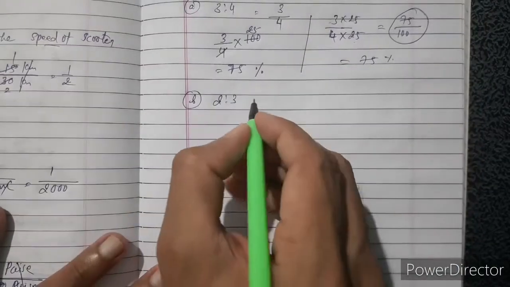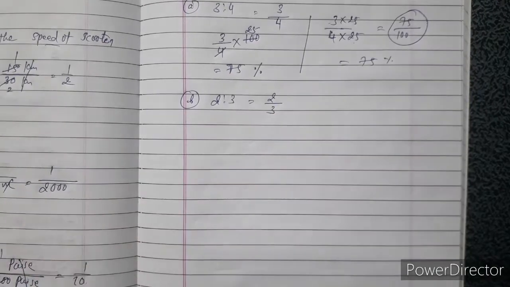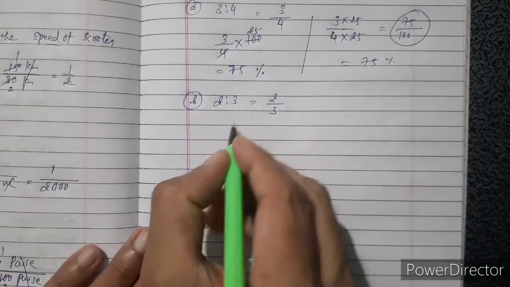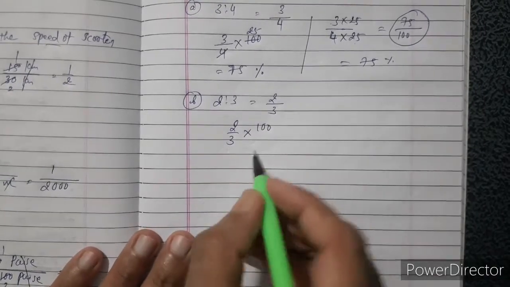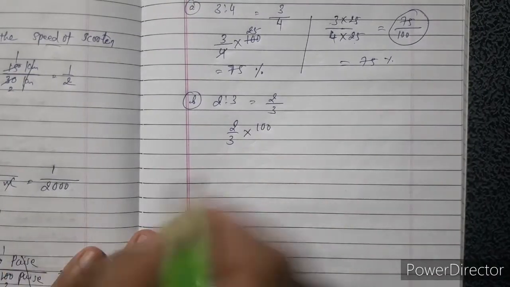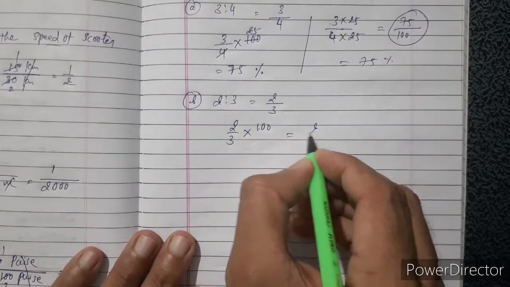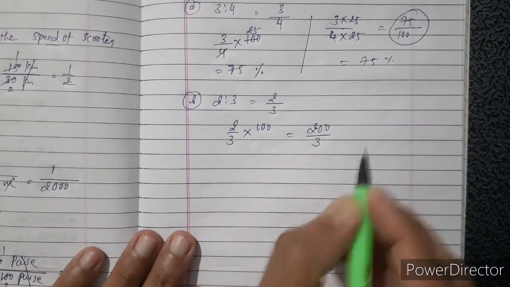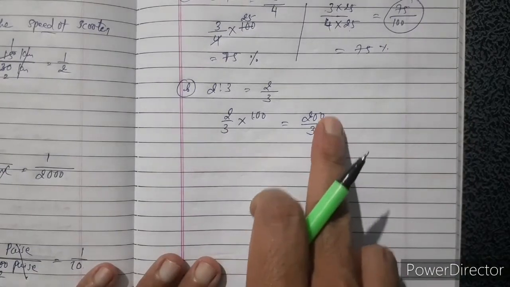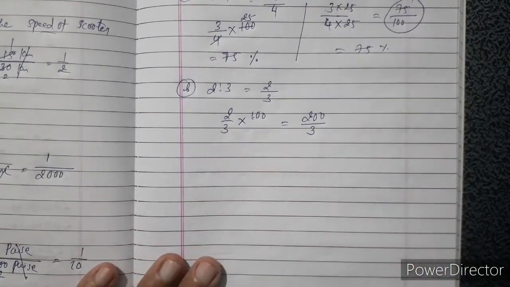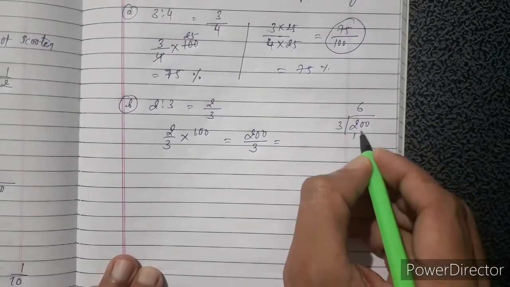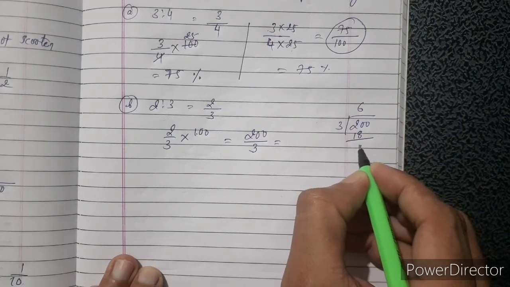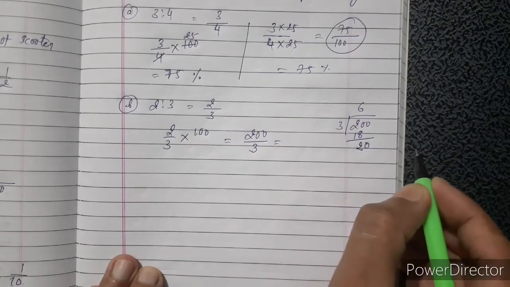Now B, that is 2:3 equal to 2/3, and the percentage of that is 2/3 into 100. Now it's not possible to cancel, so what to do? Multiply 100 into 2, that is 200 divided by 3. Now convert 200 divided by 3 into a decimal, or into a mixed fraction. Here we convert into a mixed fraction. Divide 200 by 3. 3 6s are 18, that leaves 2 0.